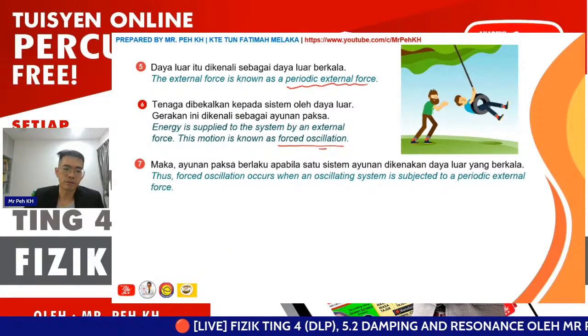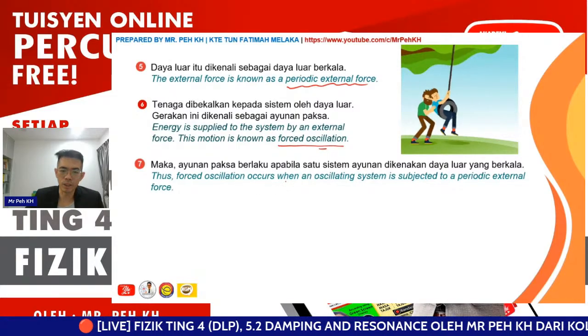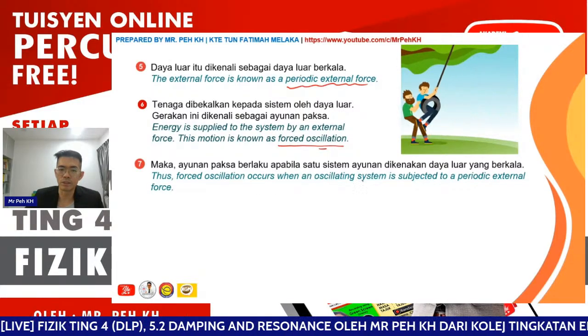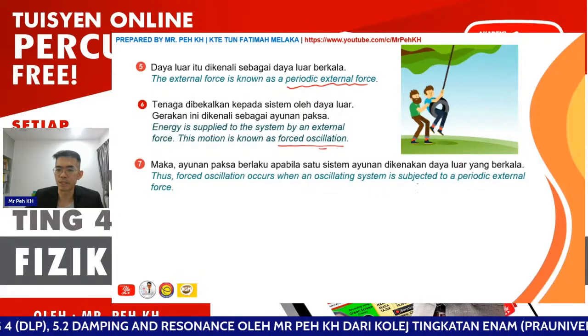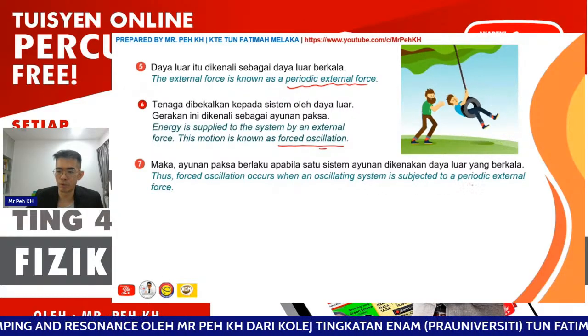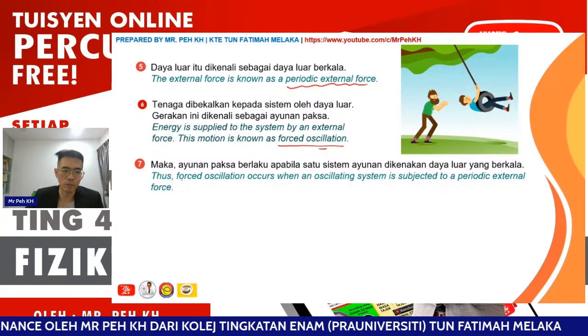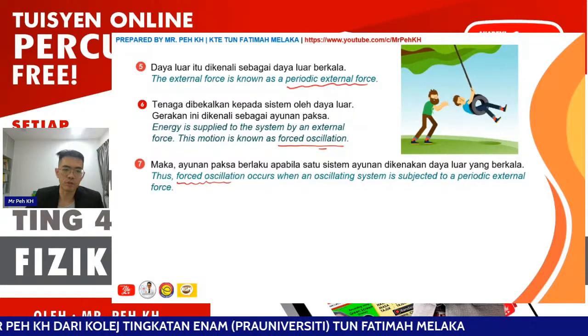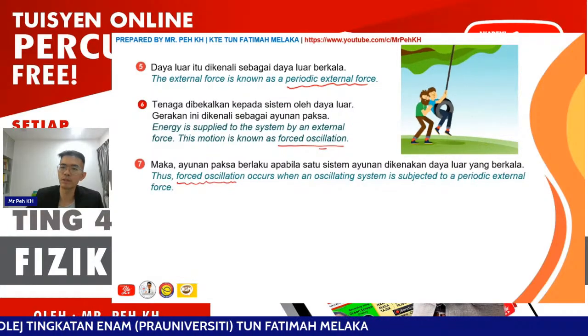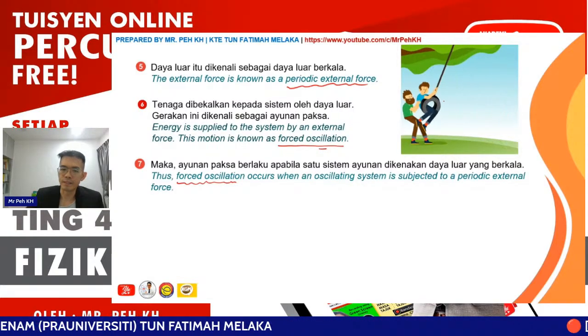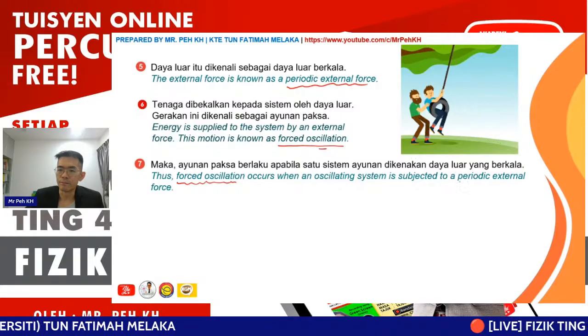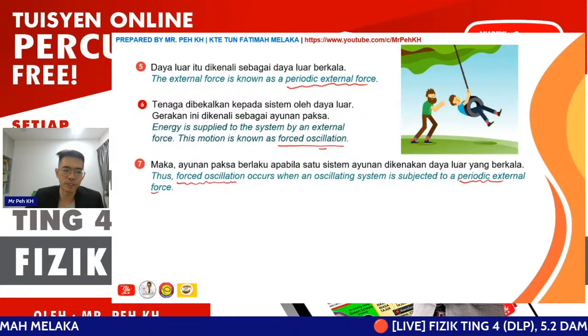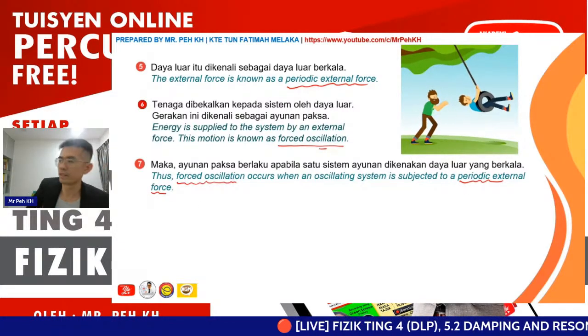Thus forced oscillation occurs when an oscillating system is subjected to a periodic external force. So the forced oscillation is the motion of the swing by the son, and the periodic external force is the driving force given by the father.